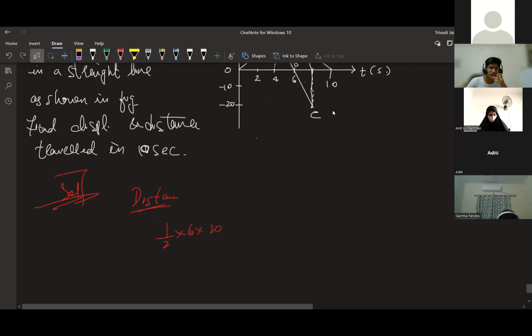So 6 into 20 plus another half, 2 into 20 plus another half, 2 into 10. So it will give me 10, 10, 5, 5 is a 10, and 60, 60 plus 20, 70 plus 20, 90 meters.